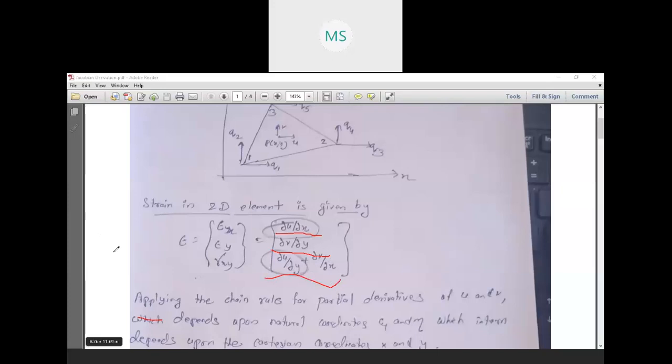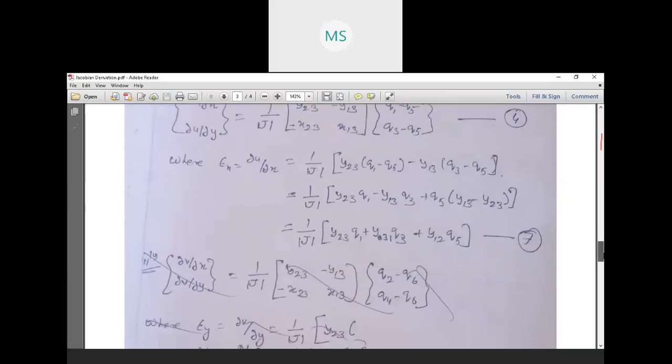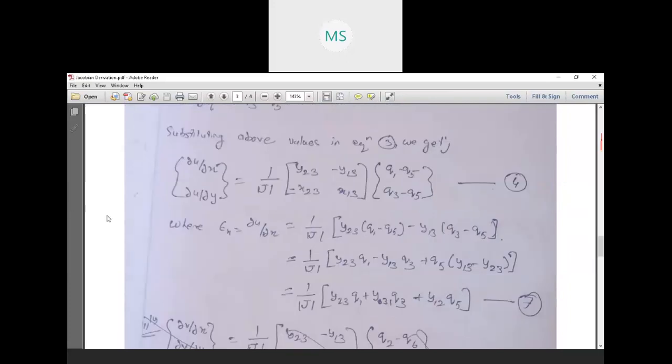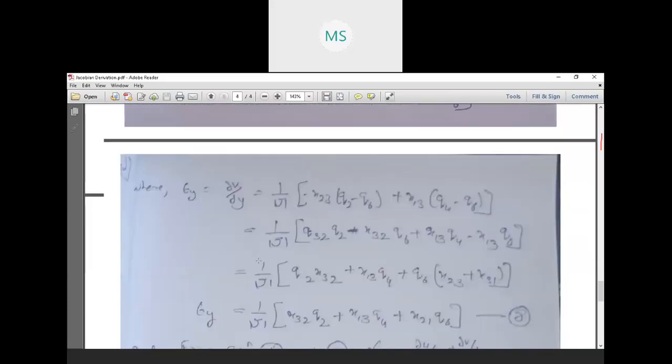For those values we are already having the expression, we just have to take it out. Let us see where it is. This is my sigma x, which I have already taken, that is done. This is my sigma y, that is also done.